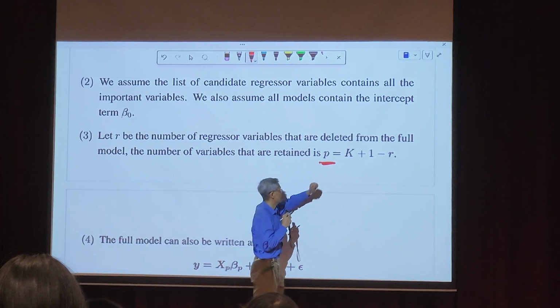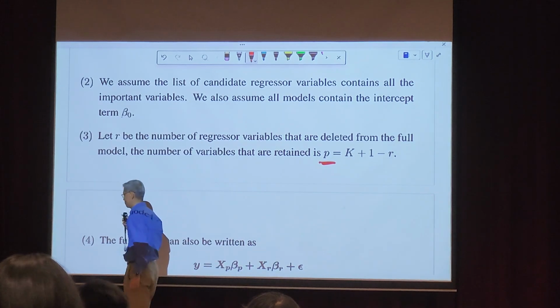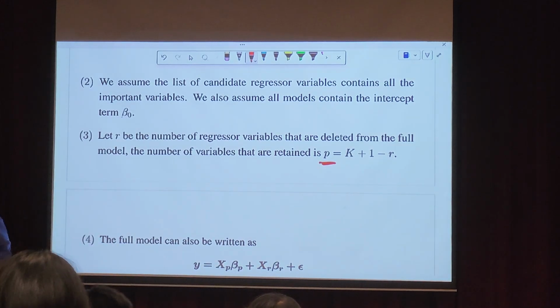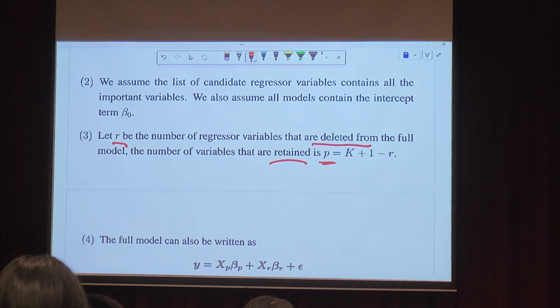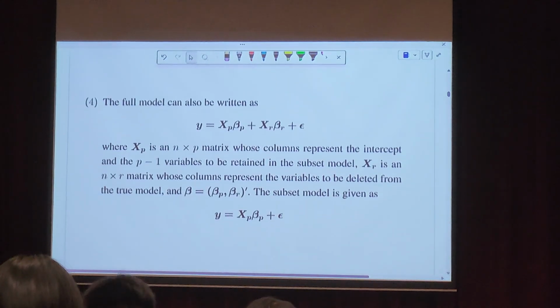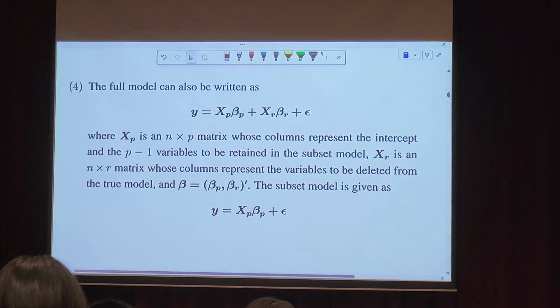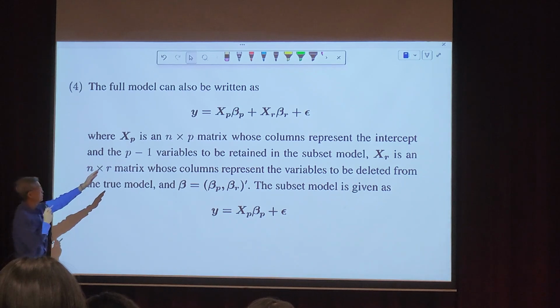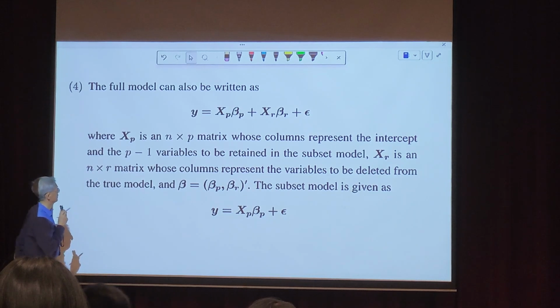Note that the notation now has changed. P is not K plus 1, but P is K plus 1 minus R. So what is R? R is the number of regressors that are deleted from the full model. So P is now the number of regressors retained. So the full model can be written as Xp times beta p plus Xr times beta r.